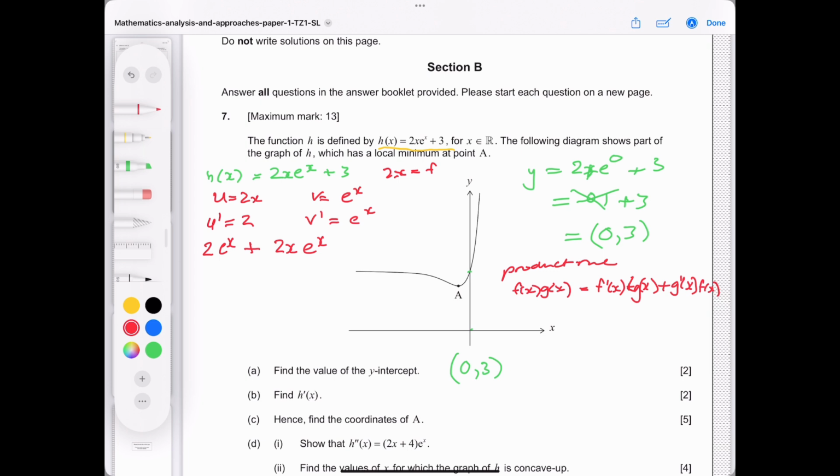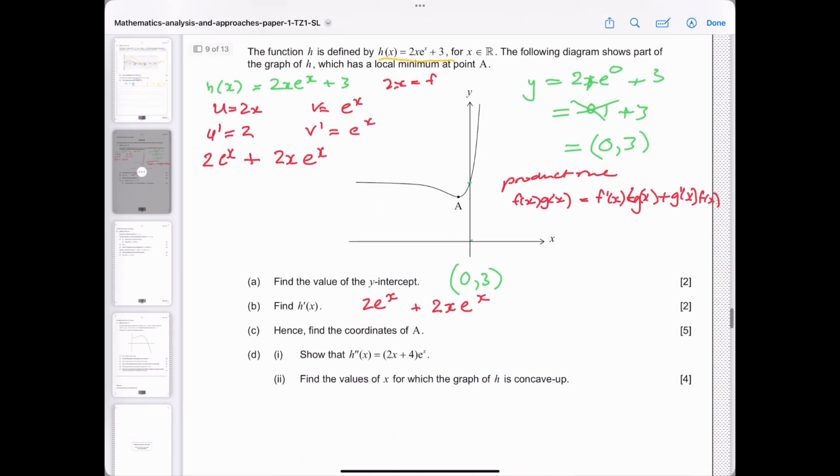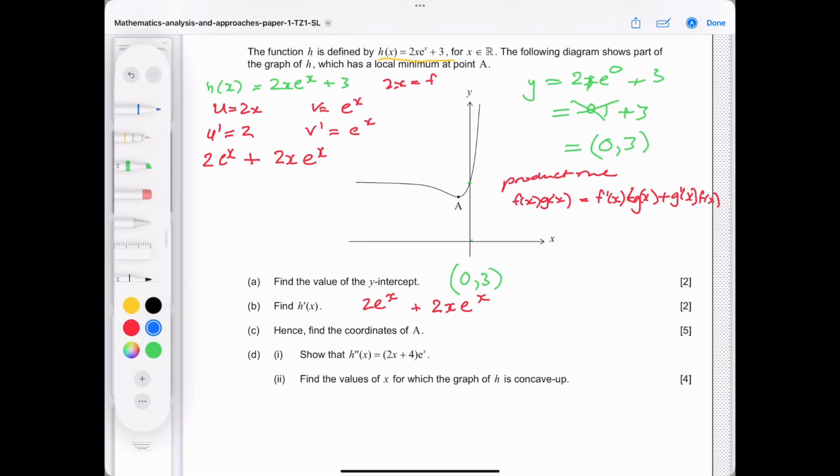So you would get 2e to the power x, plus 2x e to the x. Okay, right, hence find the coordinates of A. So A would be when they equal 0, only because it's when the gradient's 0. So 0 equals 2e to the x plus 2x e to the x.